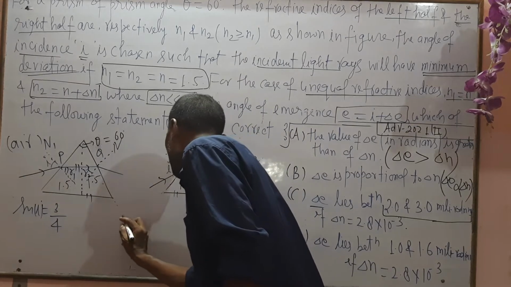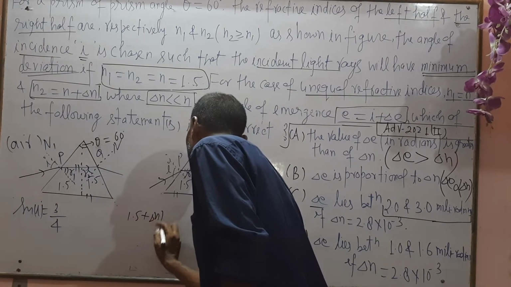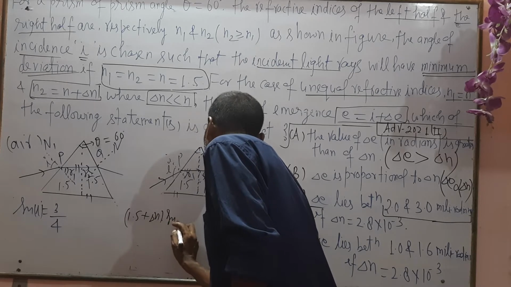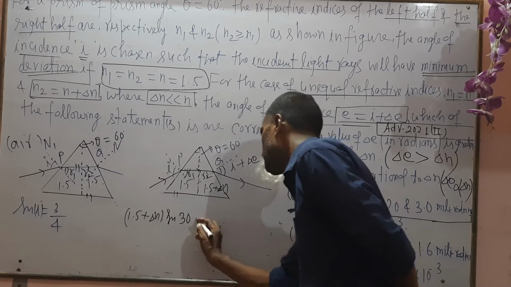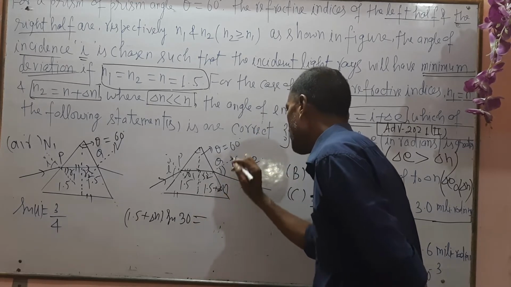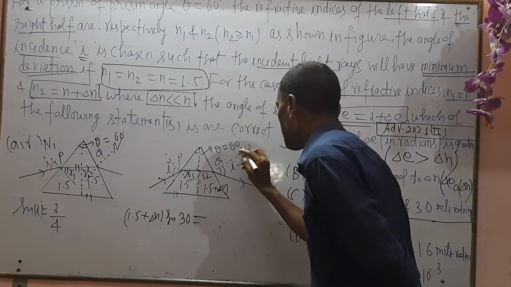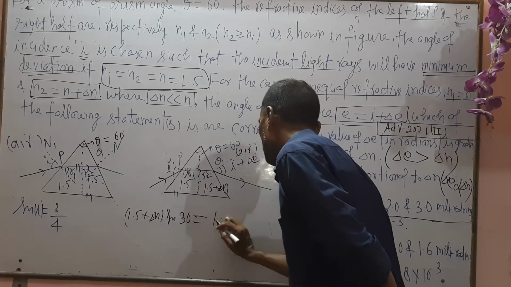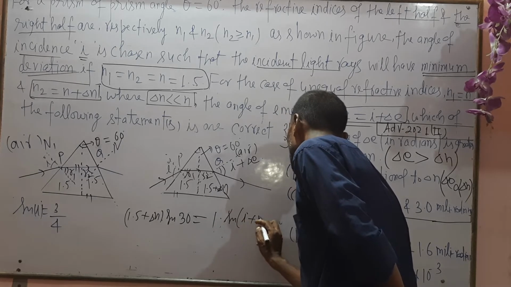Implies that (1.5 plus delta n) into sine of R2, because R1 equals R2 equals 30 degrees, equals the refractive index of air, which is 1, times sine of (I plus delta E).